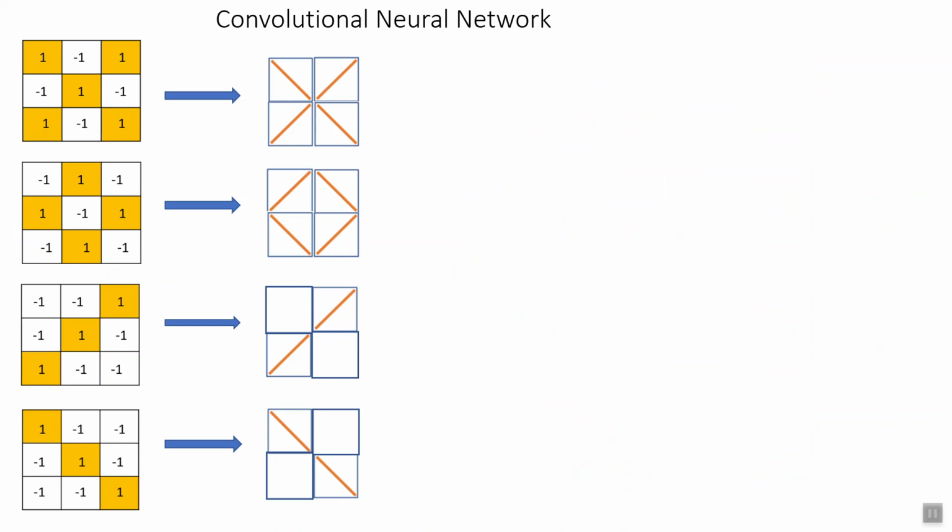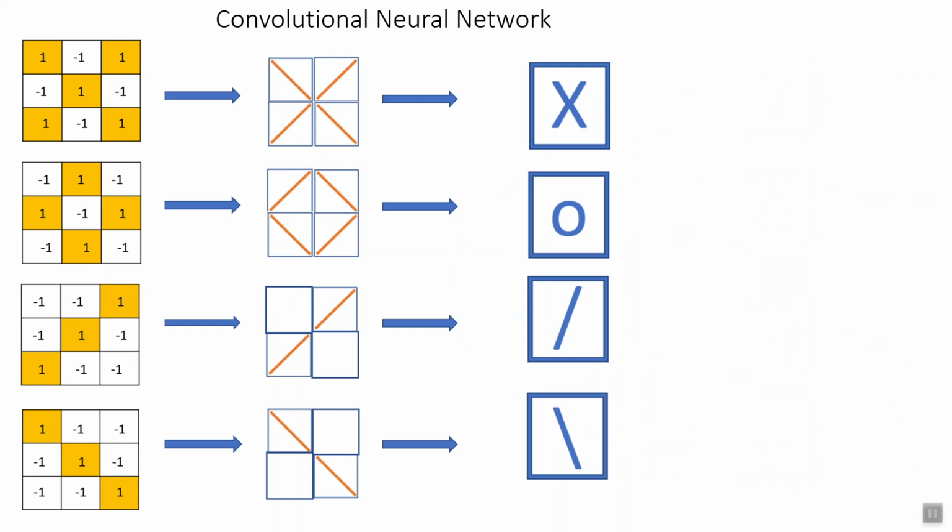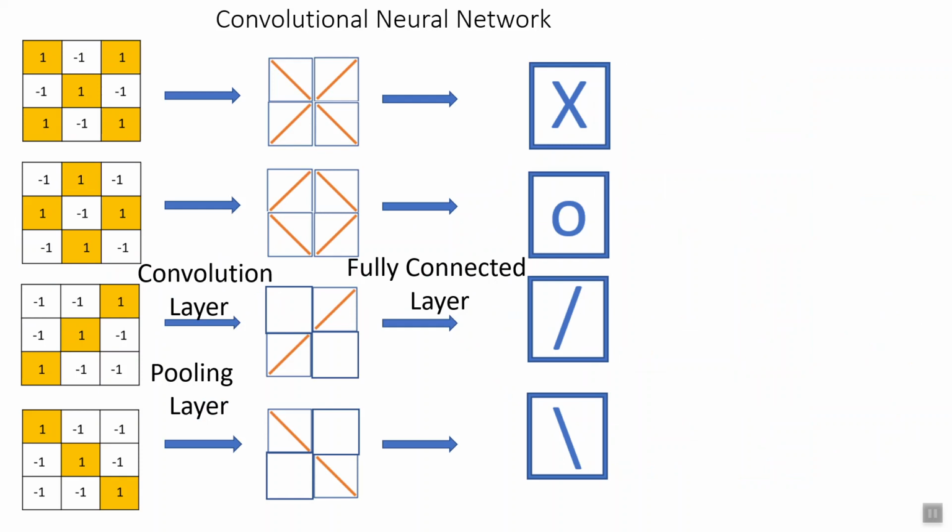The filters help the computer to read the first thing, which is the letter X, the second one is O, the third is forward slash, and the fourth is the backward slash. That is the first step, the convolution layer plus pooling layer. The second step is the fully connected layer.